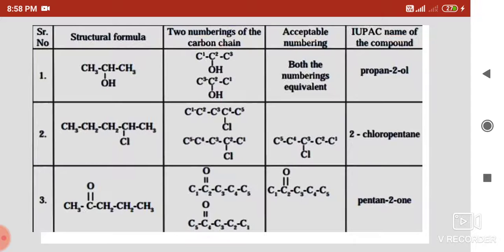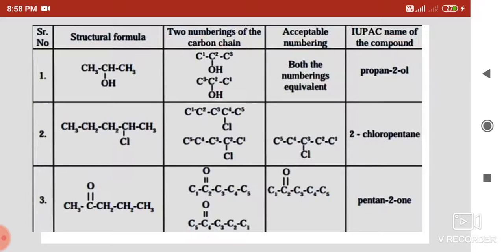In this case, the first numbering is correct, from left to right, where the carbon with the CO group gets the minimum number. So here 5 carbon atoms are there, so pentane, then we replace the E with one. Here the second carbon contains the CO group, so it is called pentan-2-one.